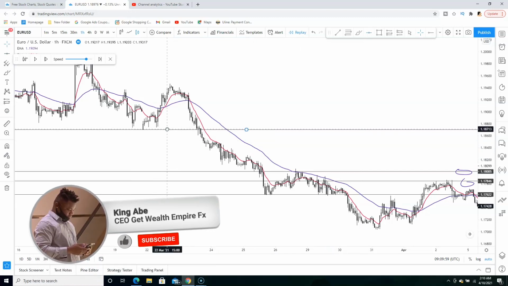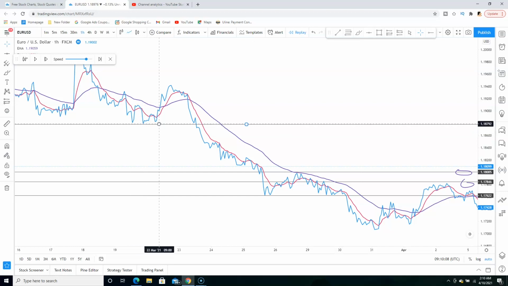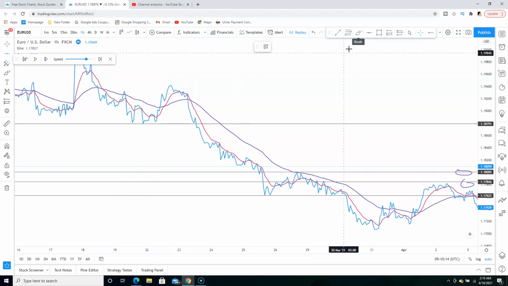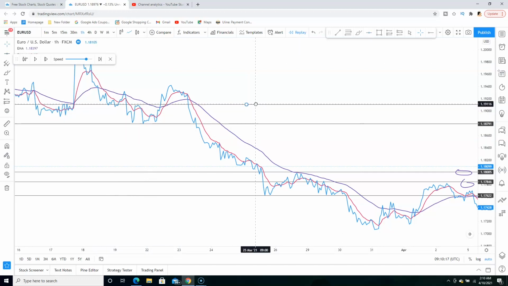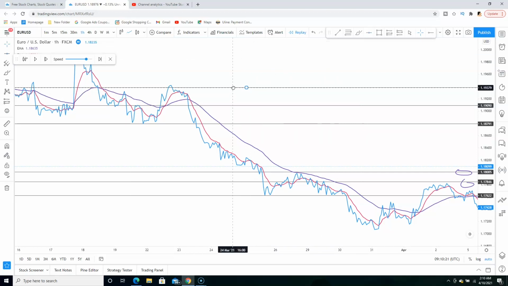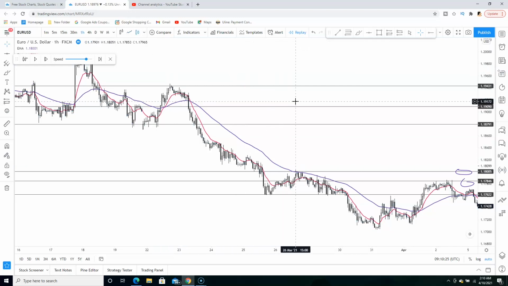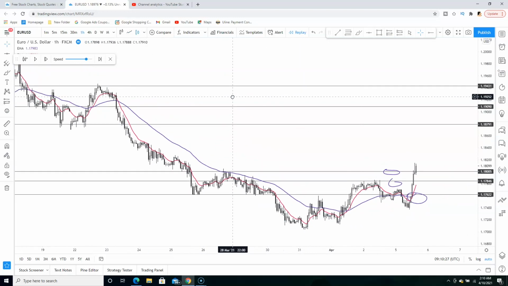We have a zone over here, and if you don't know how to look for your support and resistance zones, you click on the line chart and it will help you identify those support and resistance zones. You can see we have one over here, and we definitely have one over here, and we have one right over here. And then you go back to your candlestick and let's see how this trade played out.